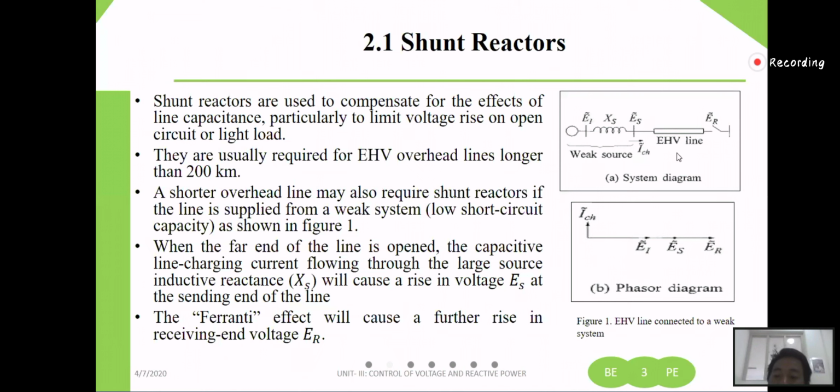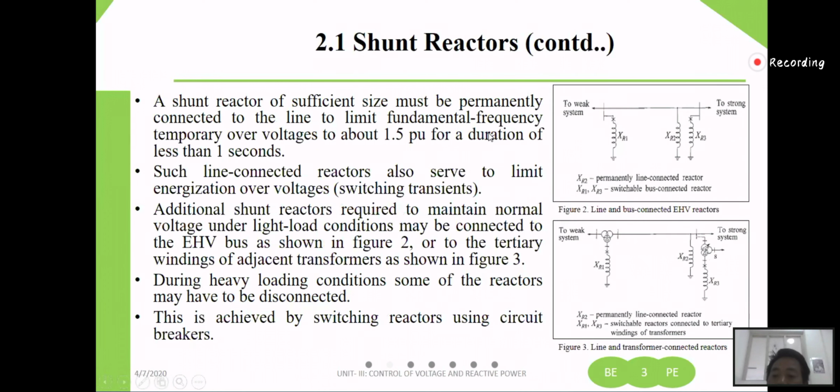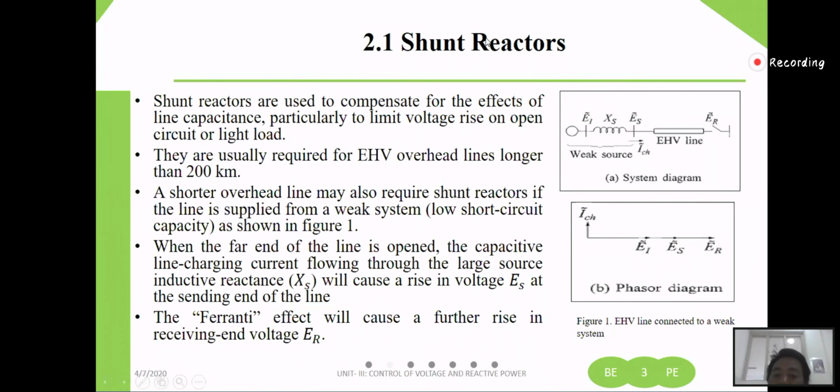Then if there is a Ferranti effect, it will increase the receiving end voltage. So we are not able to control this. In such a case, we have to use this shunt reactor, because if the line capacitance increases, we can use shunt reactors to control or limit the voltage rise. Here we have just given this example.